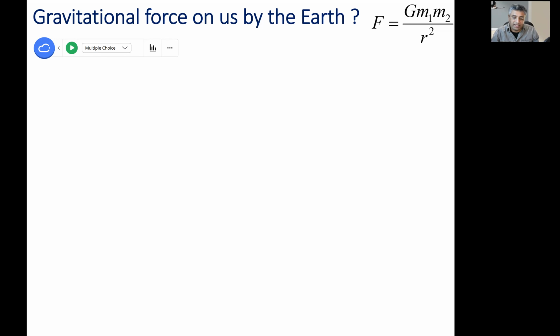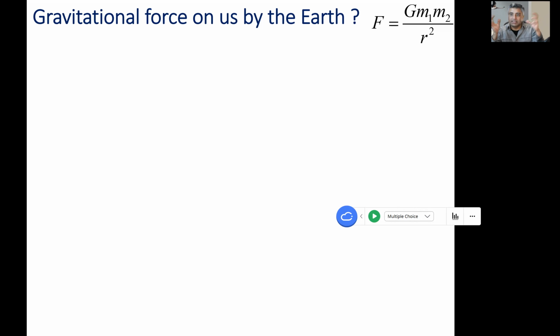This idea was given by Newton. That's why we also call this Newton's gravitational law. So how much is the force? It depends on the masses and how far apart the masses are. The farther the masses are, the smaller the force.